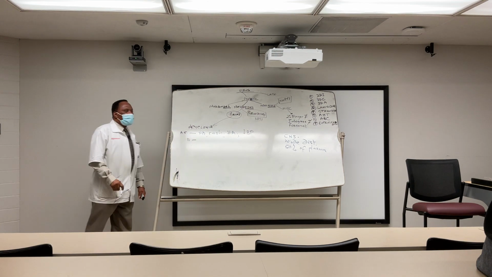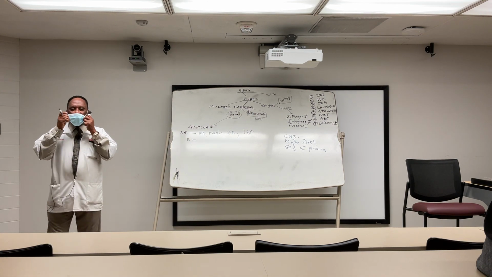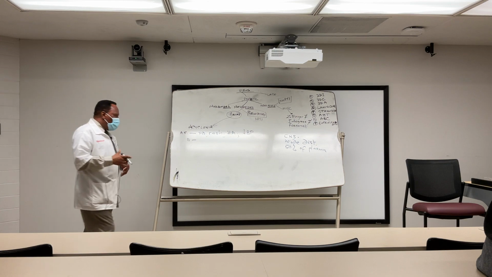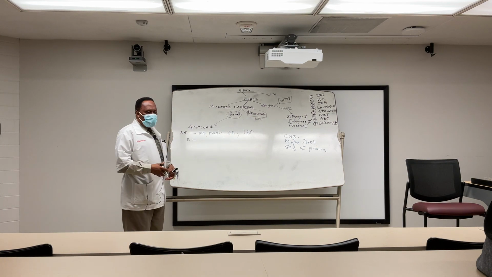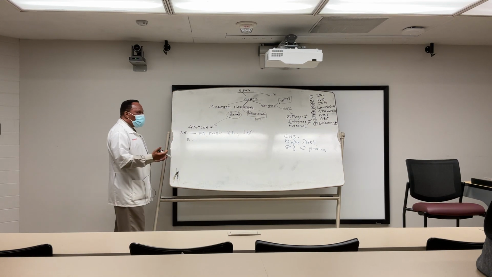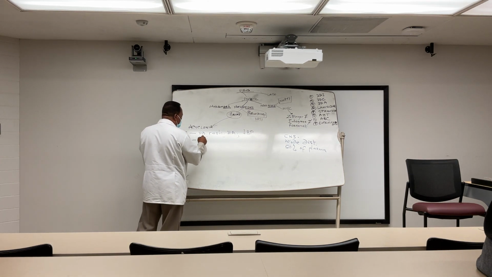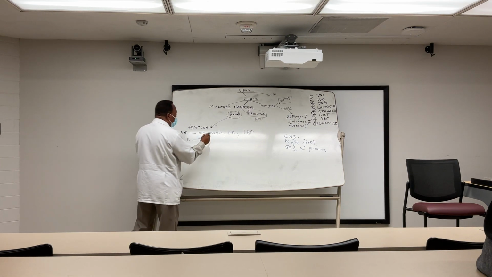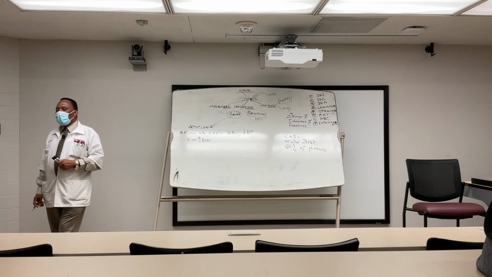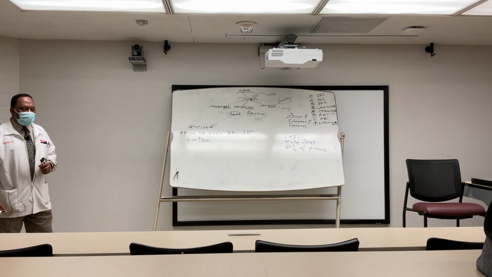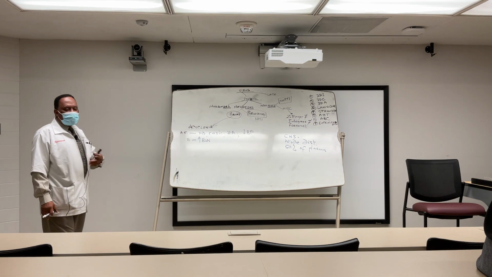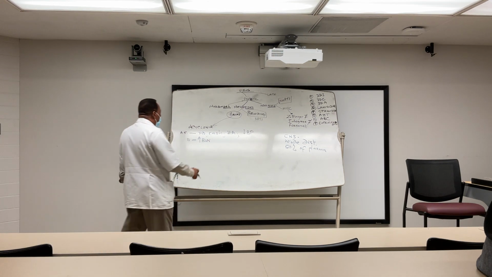If you administer it IV, then it can have some renal adverse effects, that's nephrotoxicity. And how you notice that is an increase in blood urea nitrogen. So that suggests nephrotoxicity.